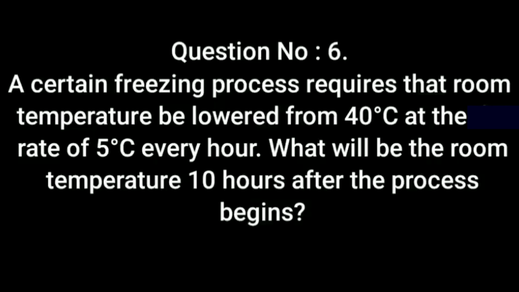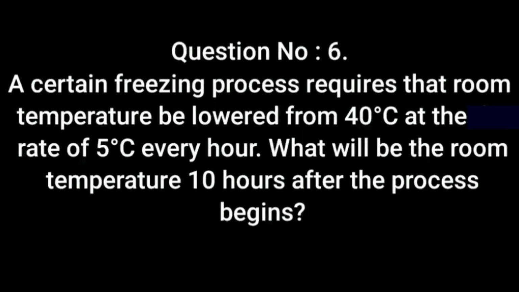A certain freezing process requires that room temperature be lowered from 40 degrees Celsius at the rate of 5 degrees Celsius every hour. What will be the room temperature 10 hours after the process begins? Here, to lower the temperature of the room, a particular freezing process is required.